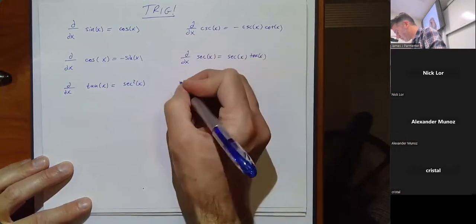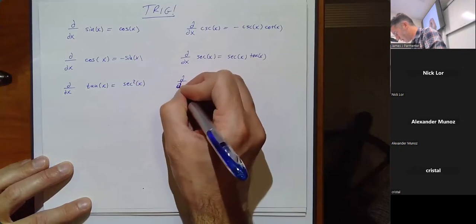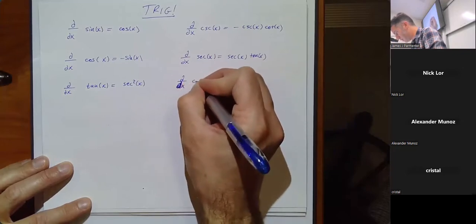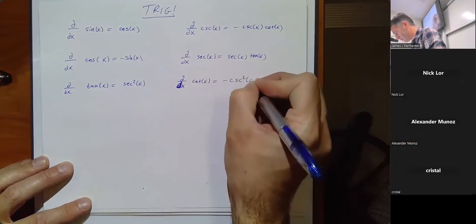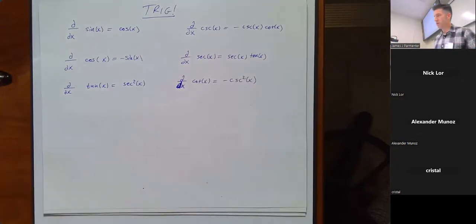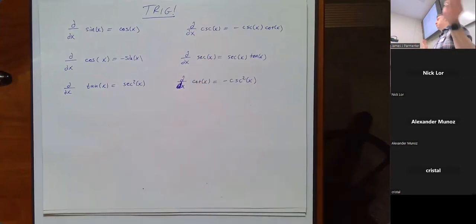And lastly, the derivative of cotangent of x is equal to negative cosecant squared of x. Yeah, that works. And it is true that cosecant divided by secant is cotangent. It's kind of neat. Right. Wait, yeah, that's right.